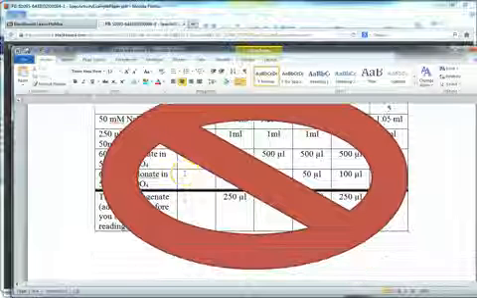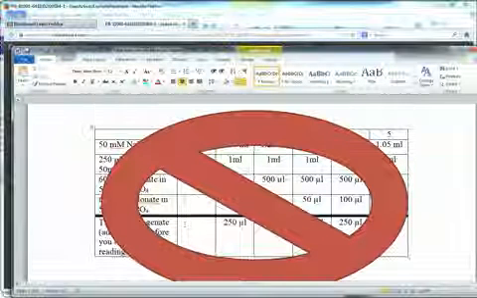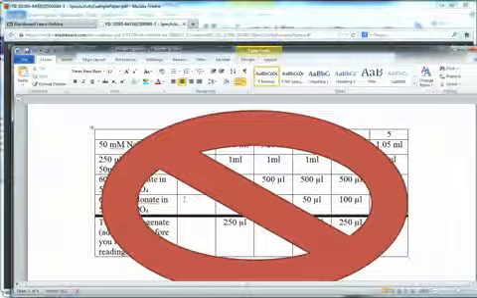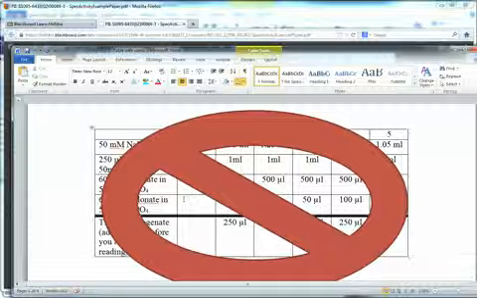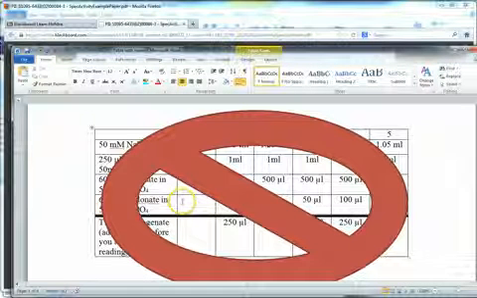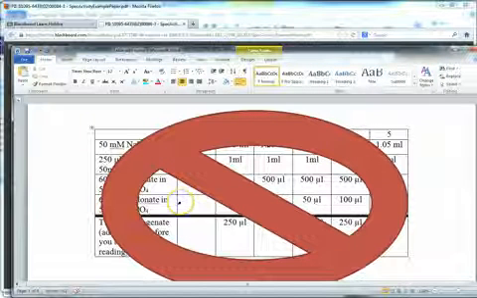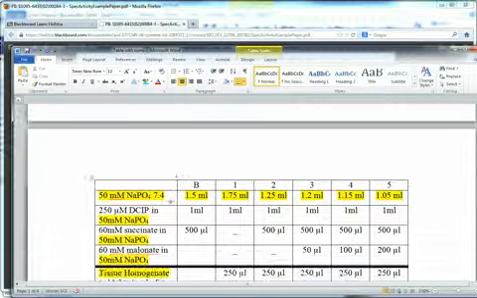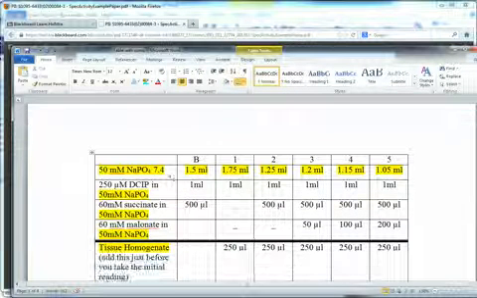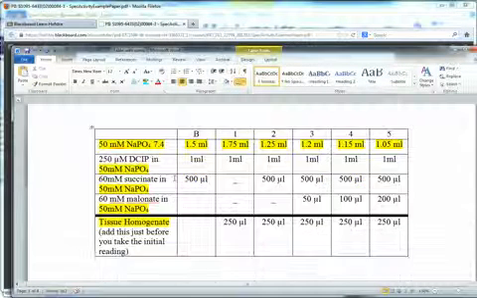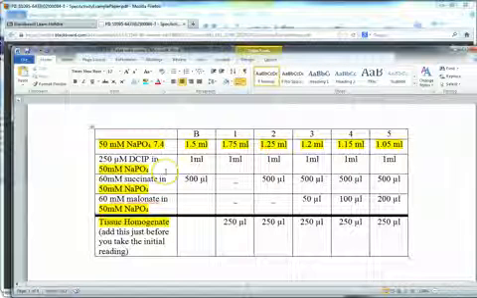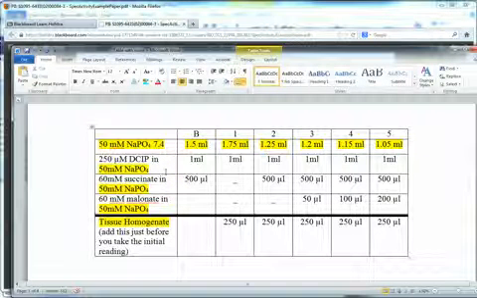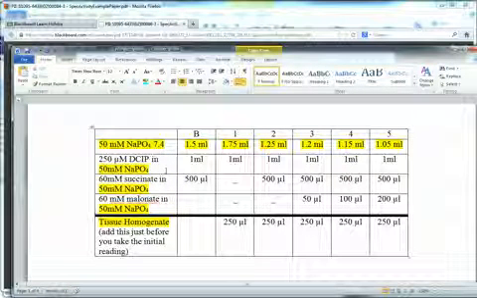You will not include this table in your methods. You will write a paragraph, and you're going to start with the things that all the reactions had in common. The first thing was the sodium phosphate buffer. Every reaction had exactly the same concentration of sodium phosphate buffer.